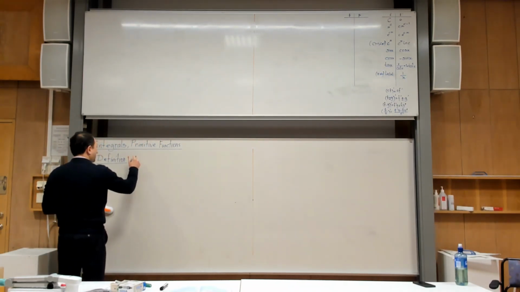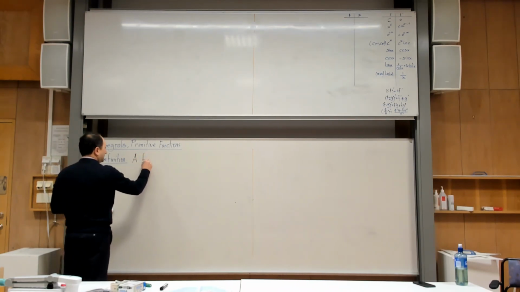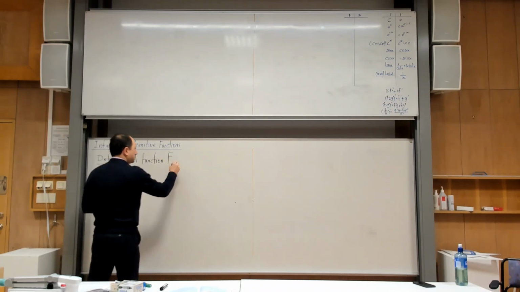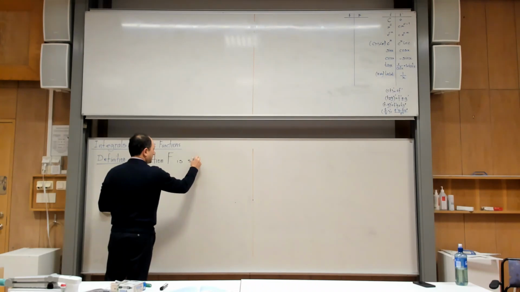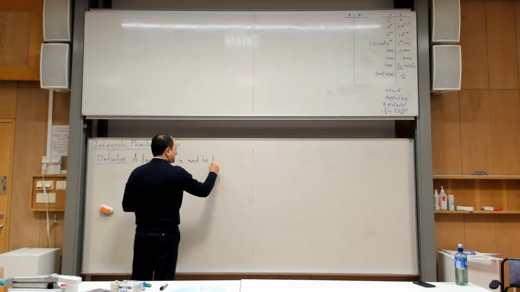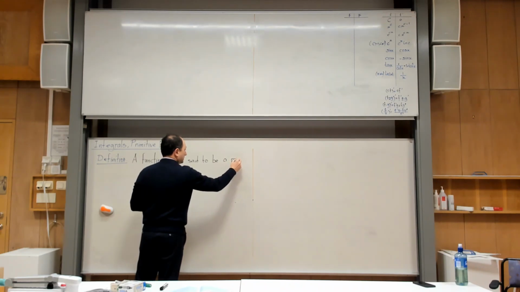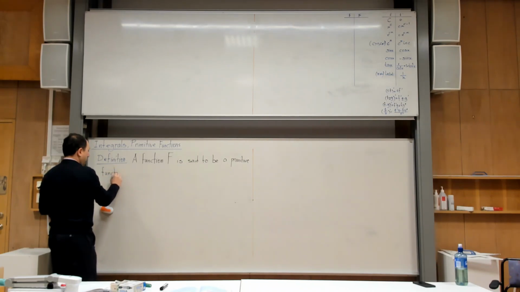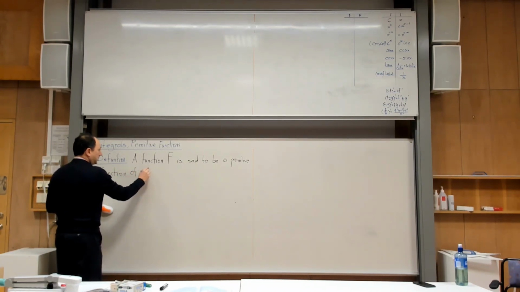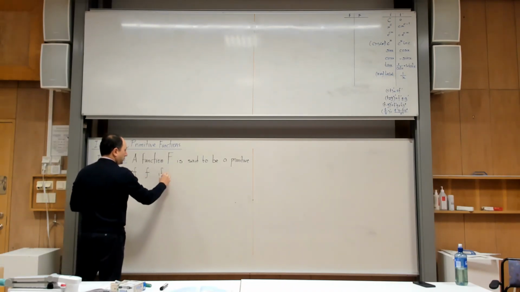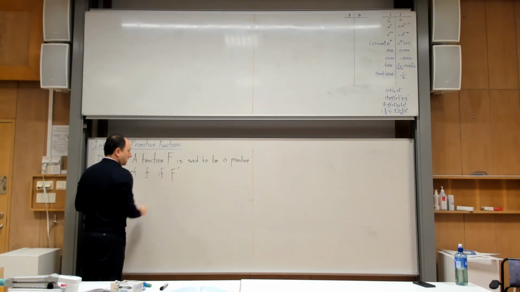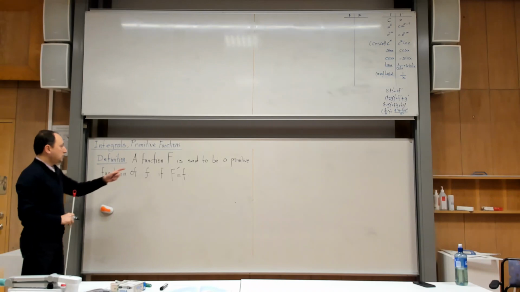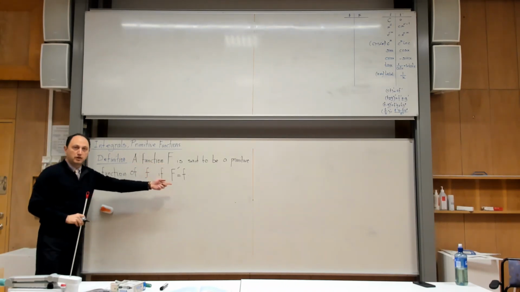We say that a function, we denote it by capital F. A function F is said to be a primitive function of little f if, when I take the derivative, when I differentiate capital F, it gives me little f. If this happens, I would say that this capital F is a primitive function for the little f.